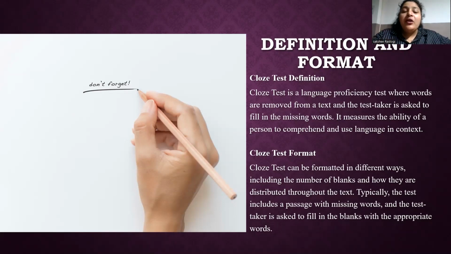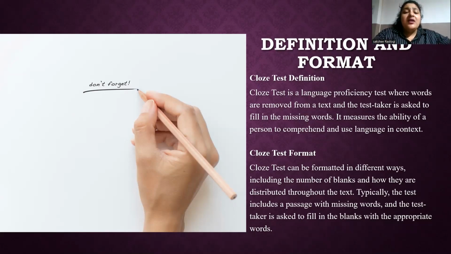So what is the format of the cloze test, which I already discussed with you in the upper slide, but still. The passage: we just learn about a short text or passage with blanks or spaces. Blanks: words or phrases removed from the passage, which are replaced with blank spaces. Instructions: directions for the test takers to fill in the blanks.